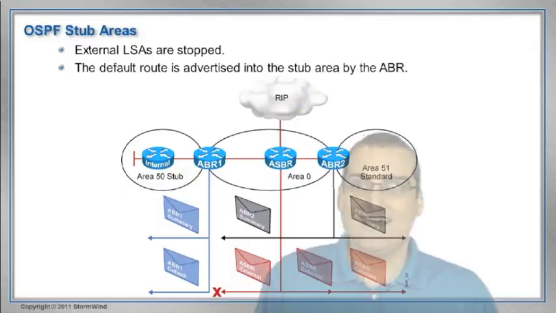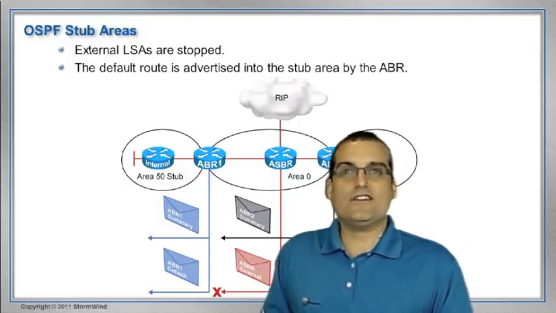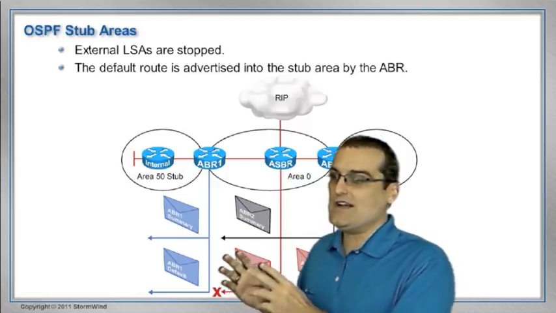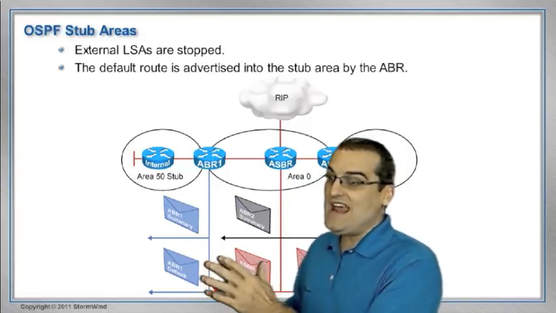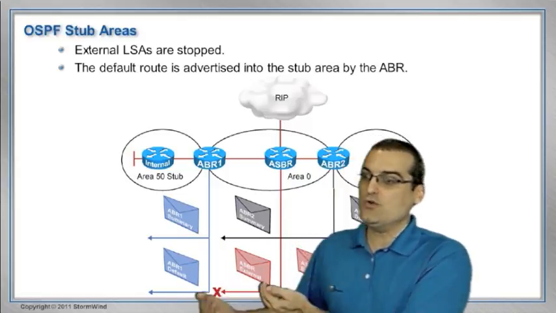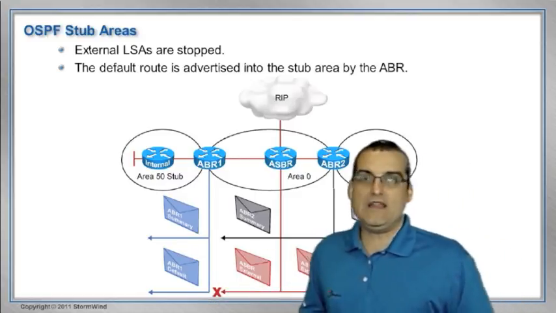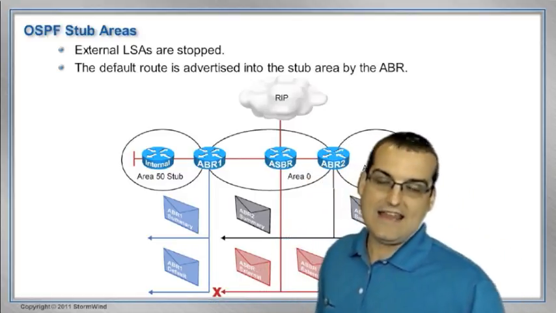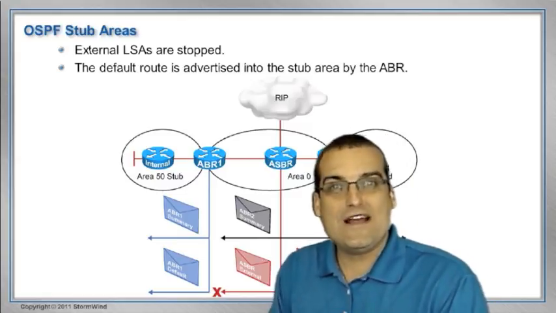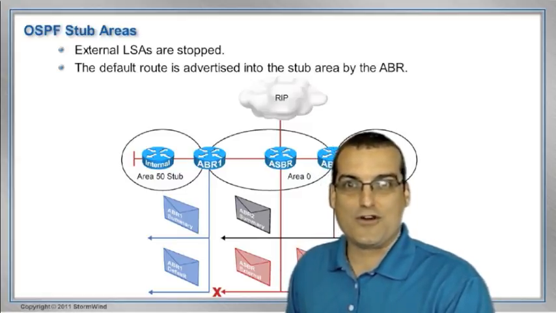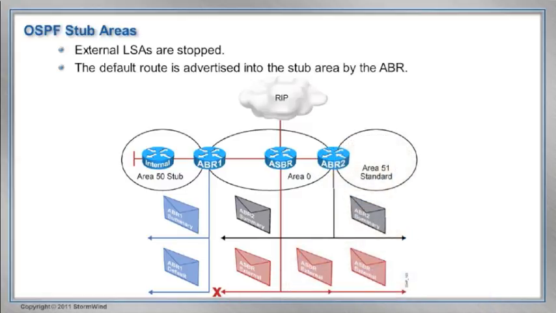But wait a minute. How in the world are the happy little routers in that stub area going to get to the prefixes that are being advertised by the ASBR? Well, OSPF takes care of that for you. Instead of sending those Type 5s into the stub area, what does OSPF do?